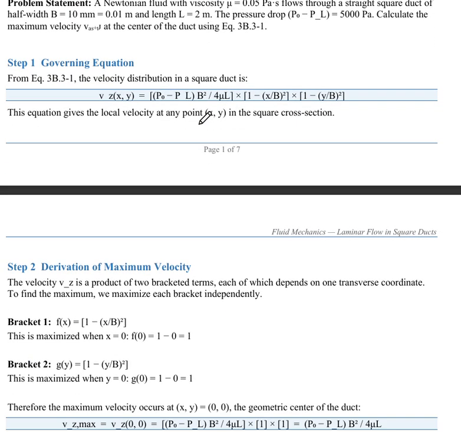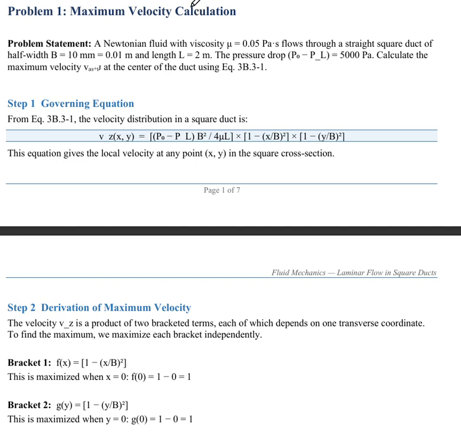Now, problem number 1, maximum velocity calculation. This page demonstrates how to find the fastest moving part of the fluid. As you can see the problem statement here, the key concept is that in a duct, friction at the walls slows the fluid to zero, that is the no slip condition.